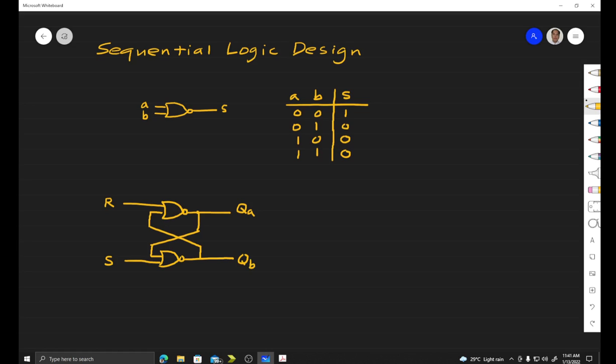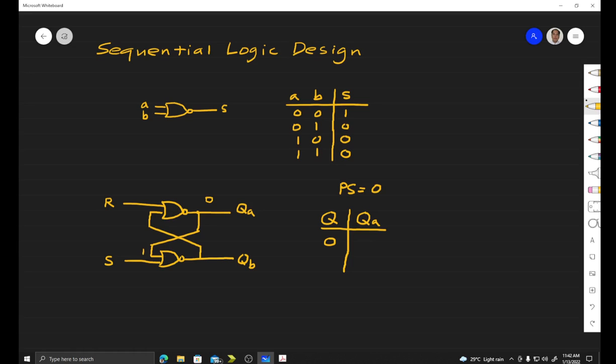So we are looking for the input and output components of this circuit. So suppose we have our present state, let's say 0. So we have here Q, then our output QA. So let's say the present state is 0, and that is inputted to one of the inputs of the second NOR gate.